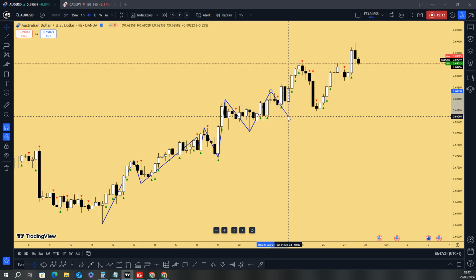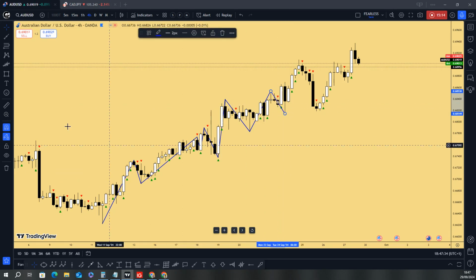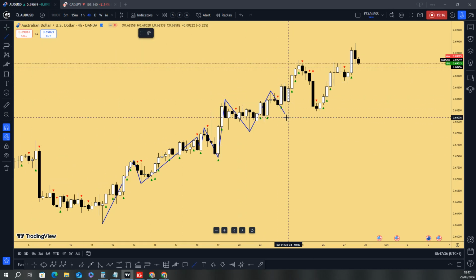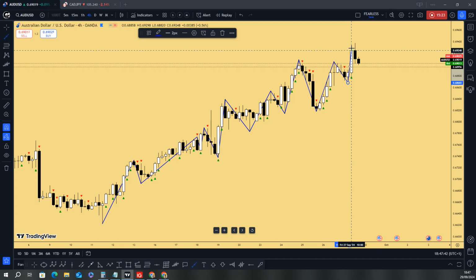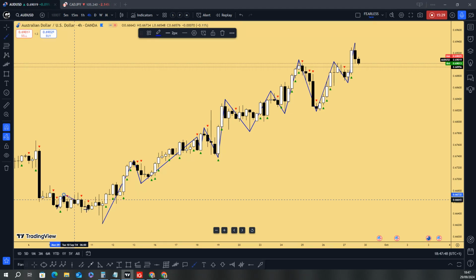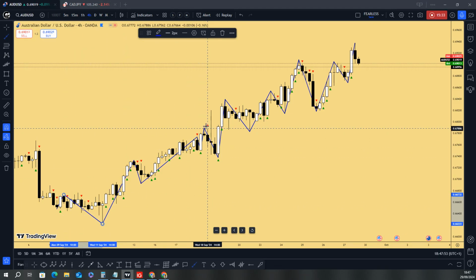So I'll do this just to save us any miscalculation. Then we have a pullback and a high. This is very interesting. We have a structure, a small structure there. So this is 0, 1, 2, 3, 4, 5. End of the wave structure, a reset.